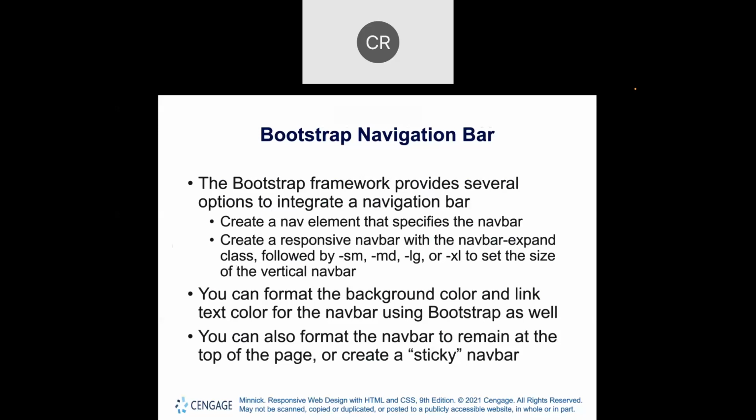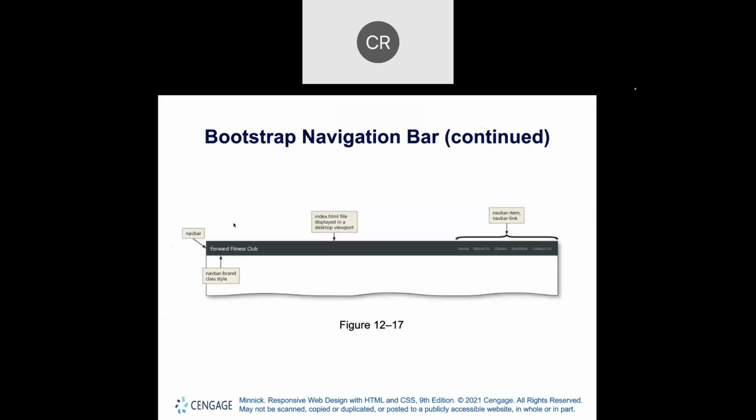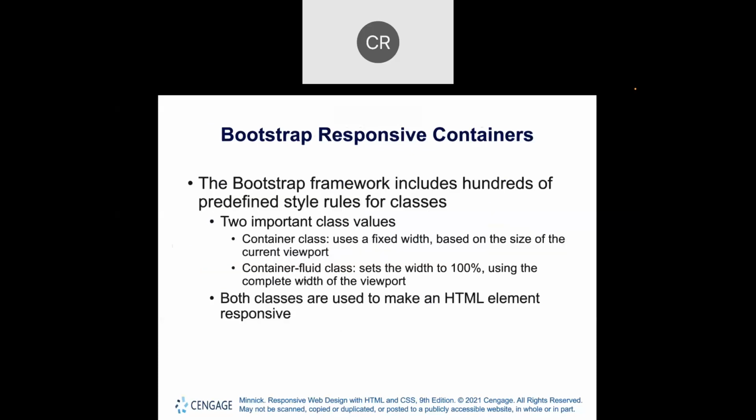You can also format the nav bar to remain at the top of the page by creating a sticky nav bar. Basically, as you're scrolling through, you will always see that nav bar because it sticks in a fixed format. You've probably seen that somewhere. Here's an example of a Bootstrap nav bar with the Forward Fitness Club, which is from the example.